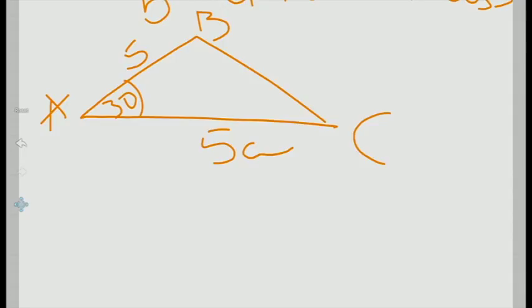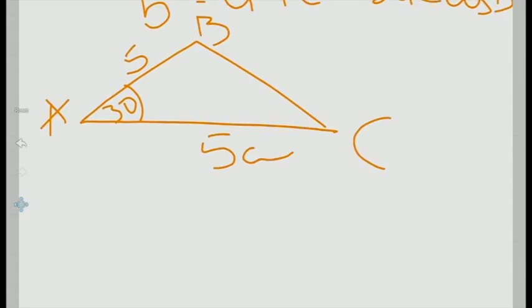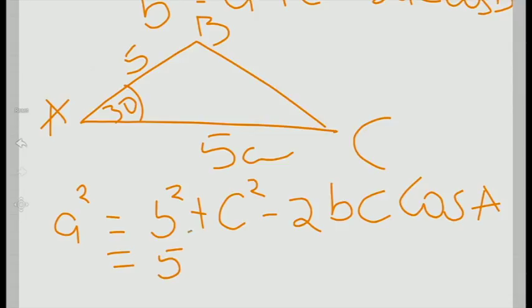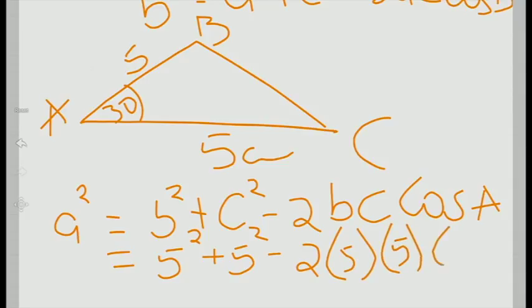We are looking for side A. Side A squared is equal to side B squared plus side C squared minus 2BC cos A, which when we substitute here, we have 5 squared plus 5 squared minus 2 times 5 times 5 cos A.